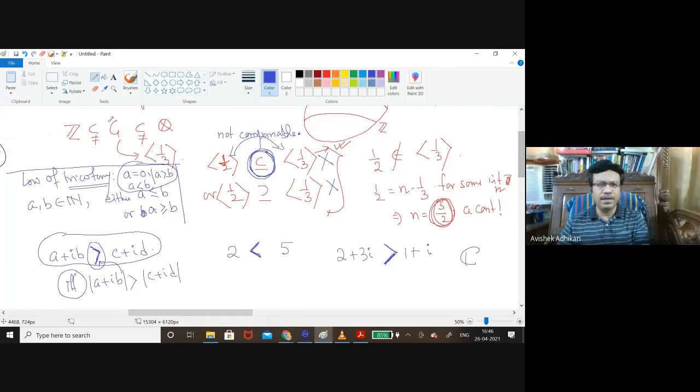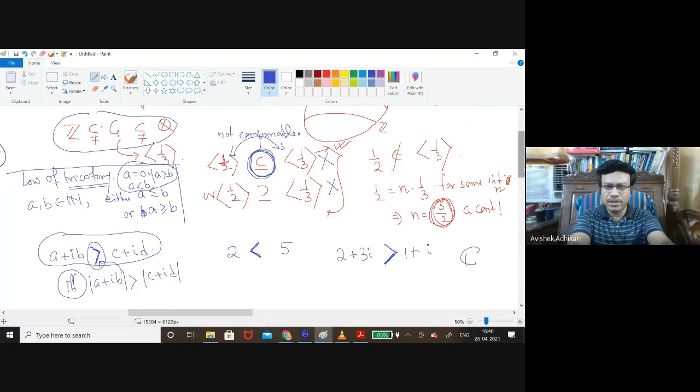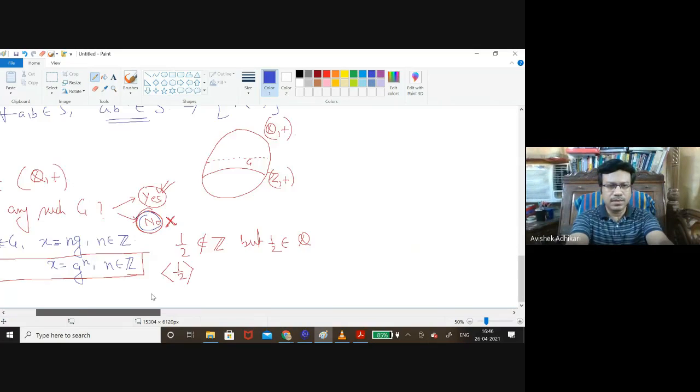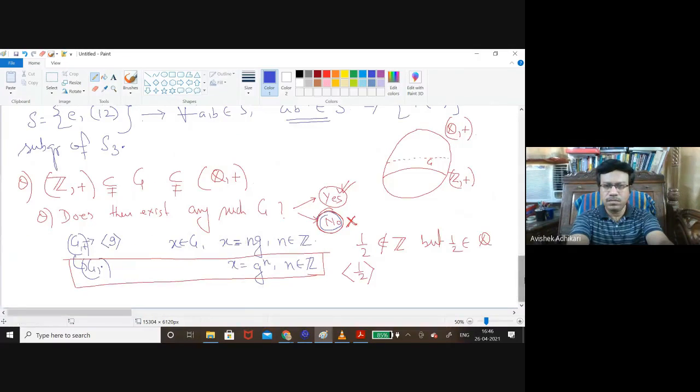So we can now find infinitely many subgroups of this. Now come to the question I asked you earlier, that was correct, right? Yes.